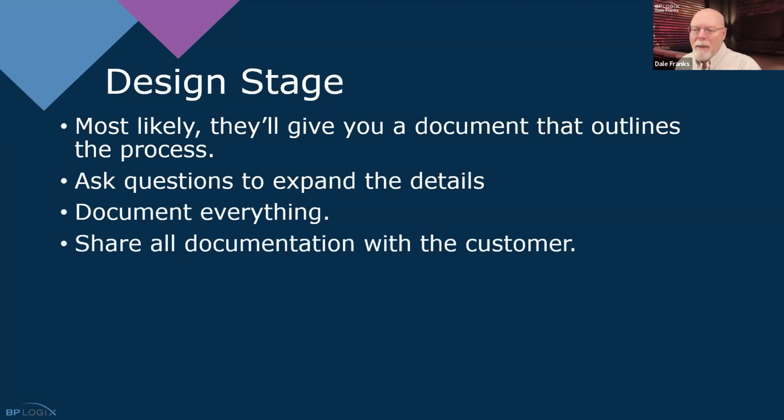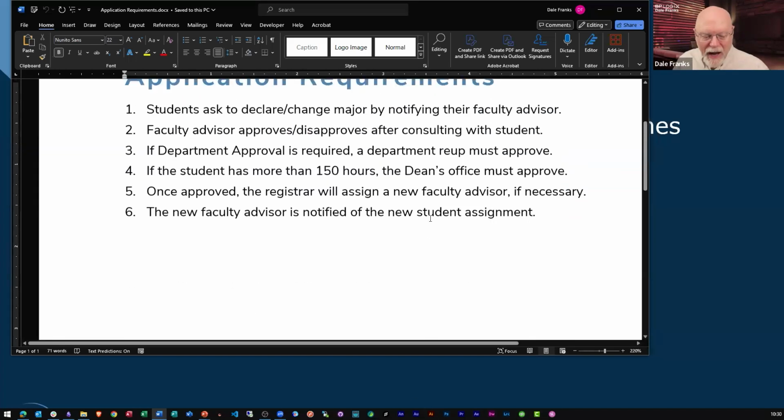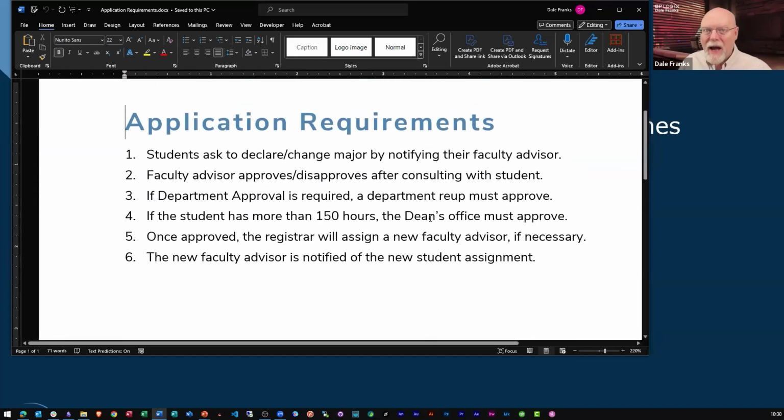Basically, this application requirements document that we just started off with, that is very, very, how shall I put it, scarce as far as details go, this is going to have to be built out. And this is going to have to become much longer. And as we build it out and as we make it longer, we're going to have to share this with our customer at every step along the way.